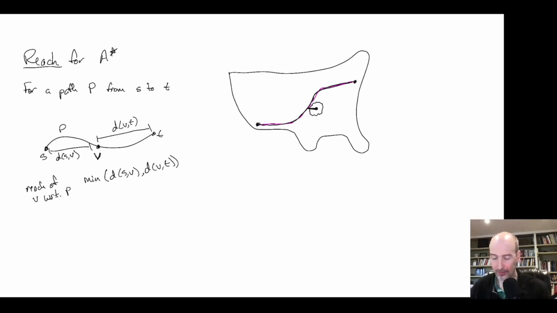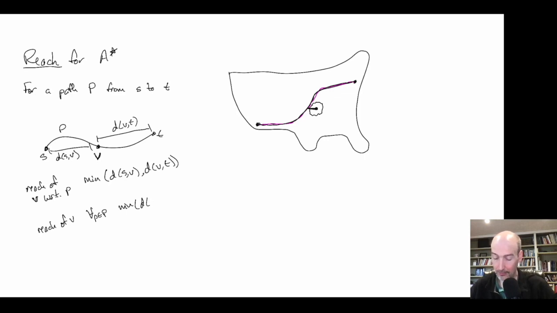And then what we're going to think about is, well, what is the reach of a vertex, not just V with respect to P, but the reach of V overall. Okay, so the reach of V overall is basically going to just say, look, for all P in all possible paths in the world, then I want the minimum of the distance from S to V. So just to be clear here, let me write this slightly differently.